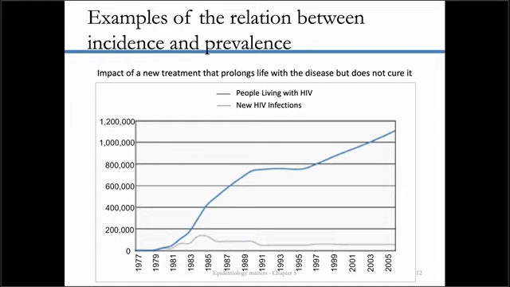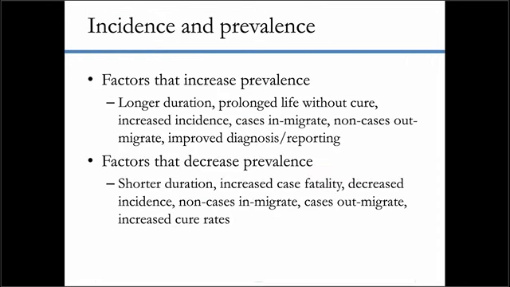So this shows us that relationship between incidence and prevalence, where when we have good treatment and people are living a long time with those particular diseases, we have a buildup of prevalent cases, but maybe a steady state of those incident cases.